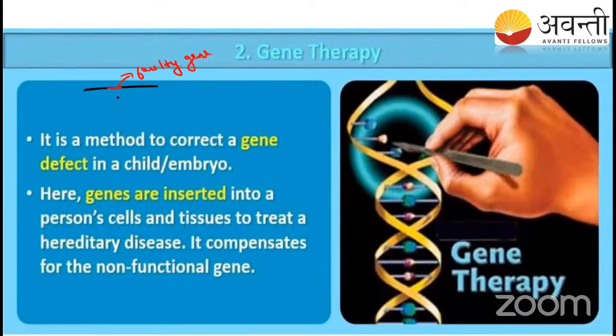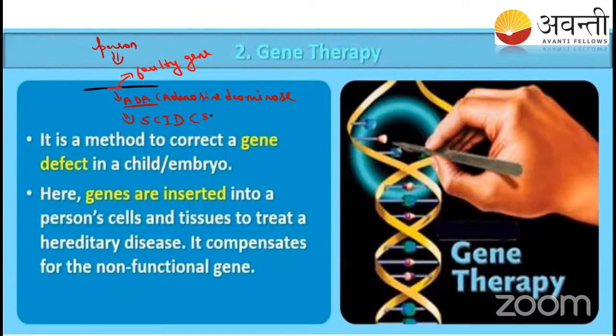This gene codes for ADA, which is adenosine deaminase. A person who has the mutation will have a disease called SCID.